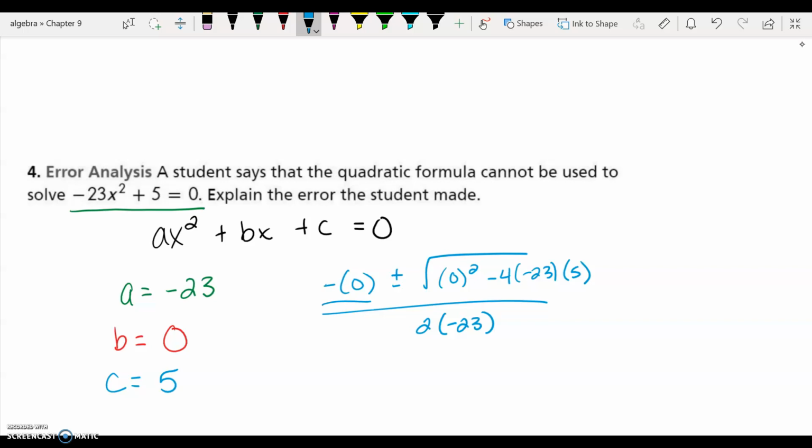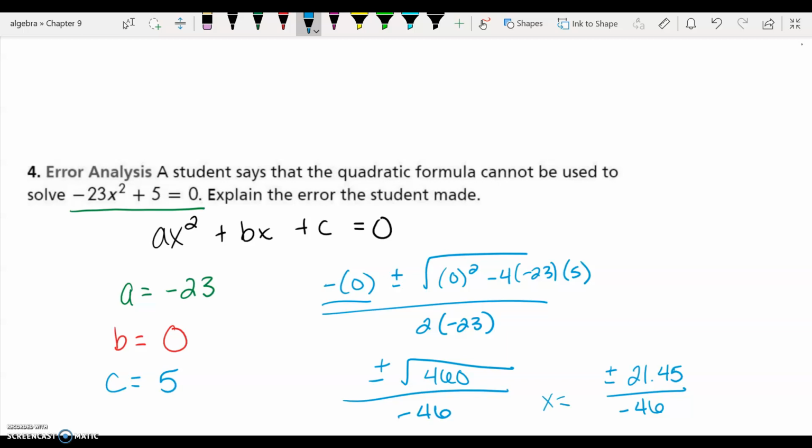So notice that b is going to be 0, so I just have plus or minus the square root of -4 times -23, which would be a positive 92, times 5 would be 460, over -46. The square root of 460 would be a decimal, and then you would get your two answers. You use a positive 21.45 and a negative 21.45 divided by -46 to get my two answers.